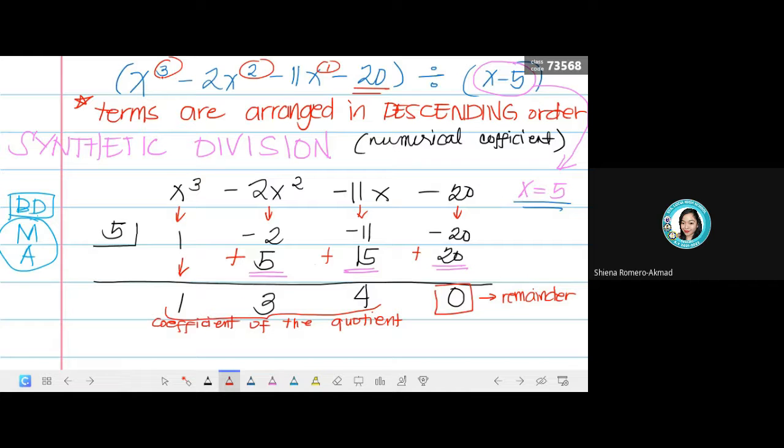Siyempre, kung yan ay x cube, kailangan mo magbawas ng isang exponent kasi nag-divide ka. Okay? Nag-divide ka ng variable x kanina. So, magbabawas ka dyan. So, instead of x cube, ang magiging sagot nyo, x squared. So, kailangan mong kopyahin din yung numerical coefficient. Dahil 1 yan, ibig sabihin x squared lang.